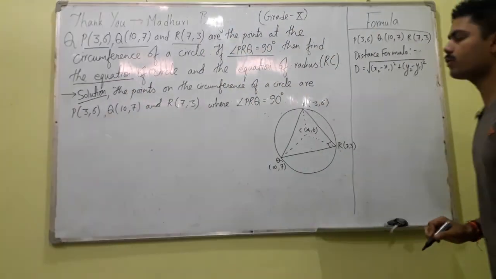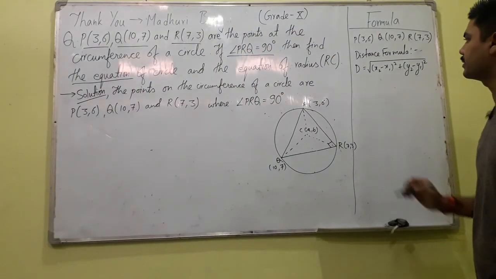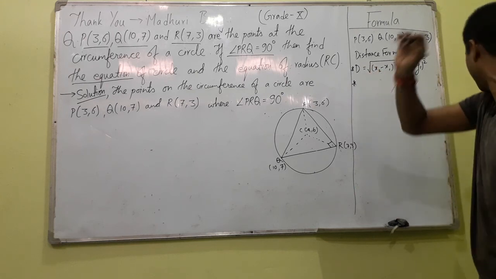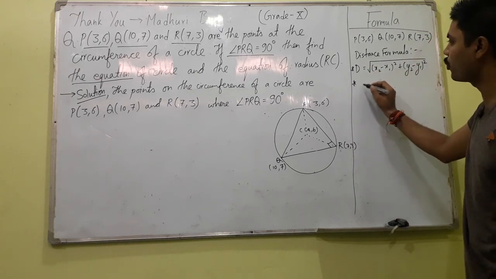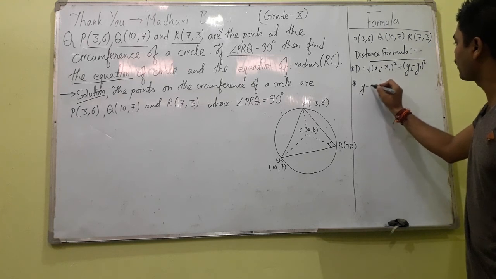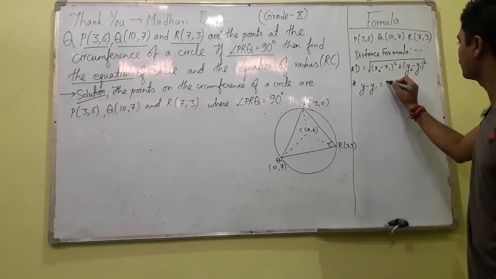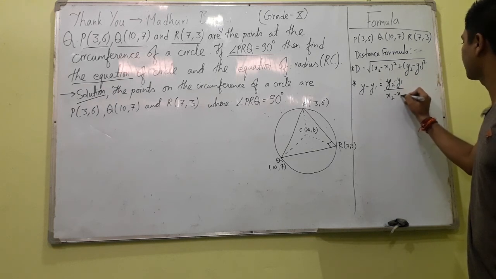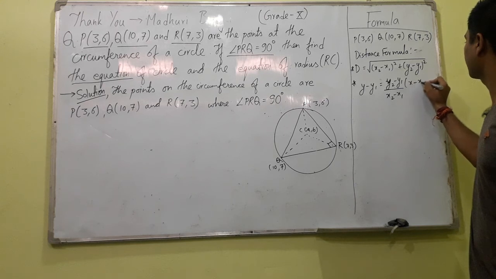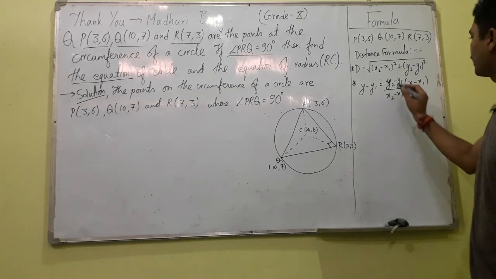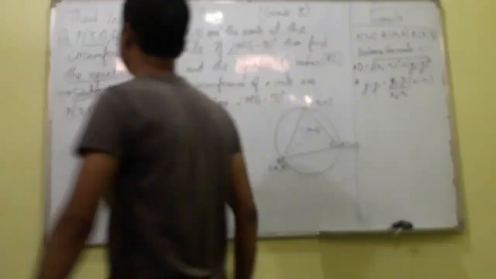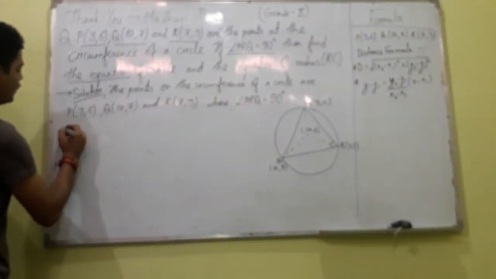There are many equation formulas, whichever you find easy, but I want to explain the two-point formula, y minus y1 equals y2 minus y1 upon x2 minus x1 times x minus x1. You will understand this formula when I explain it on the board later on. So we can start the solution now.